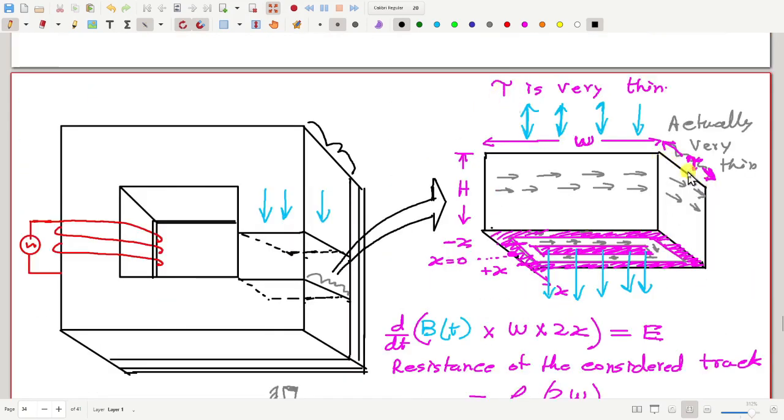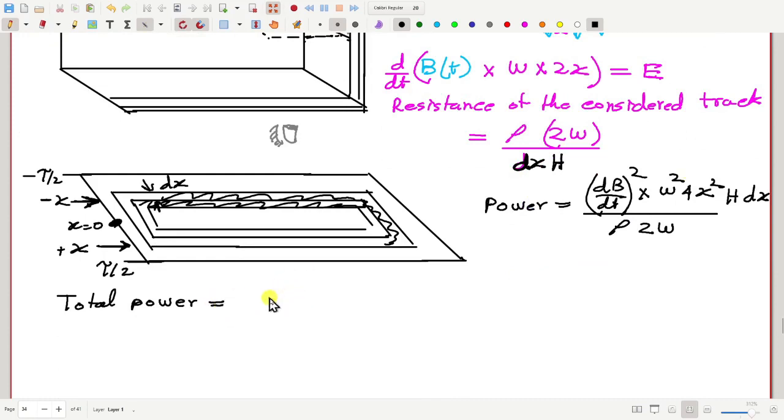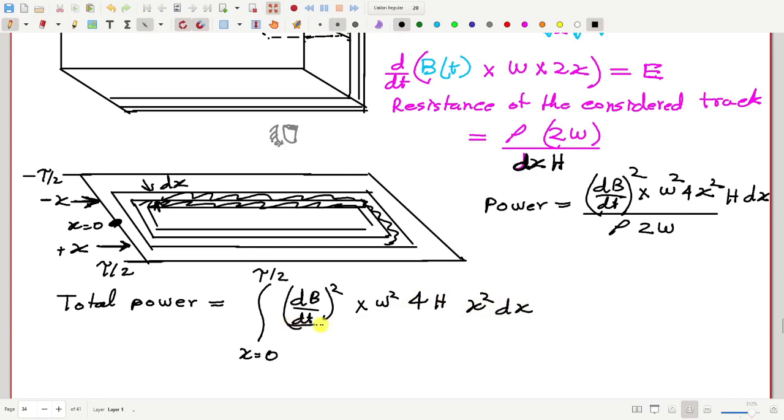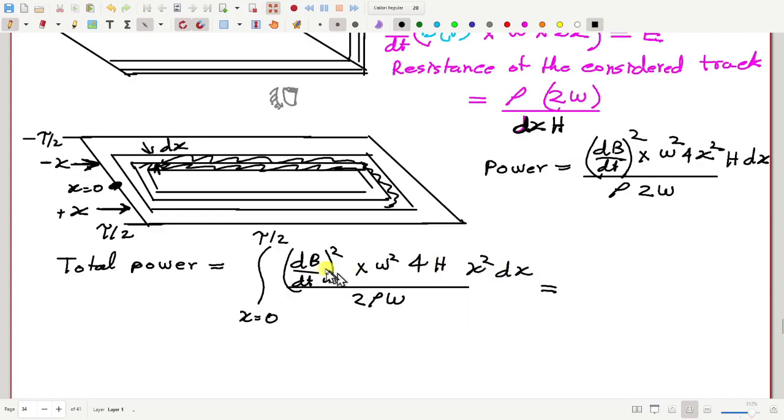So we have to integrate over x from x equal to 0 to x equal to tau by 2 this quantity: dB/dt whole square into w square 4 h x square dx, divided by 2 rho w.